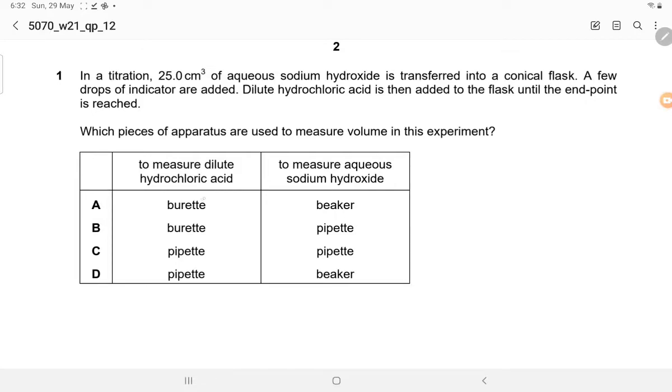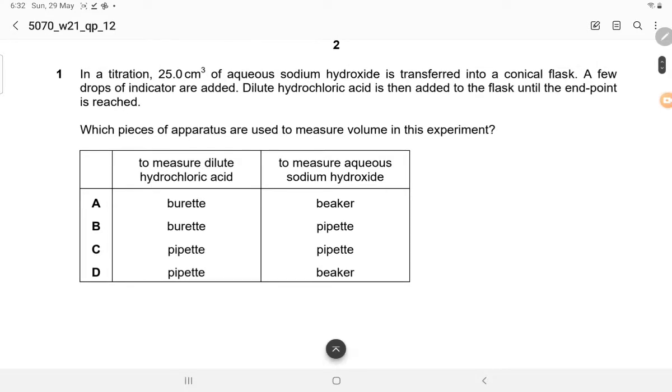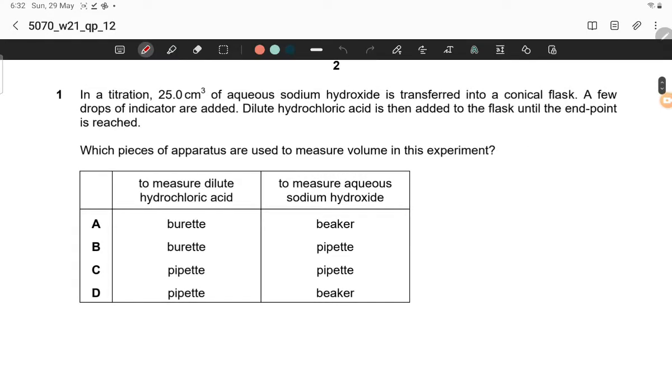Sodium hydroxide is transferred into the conical flask. The apparatus used to transfer into a conical flask is a pipette.